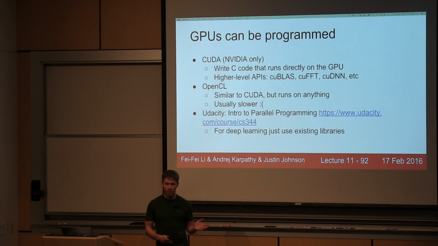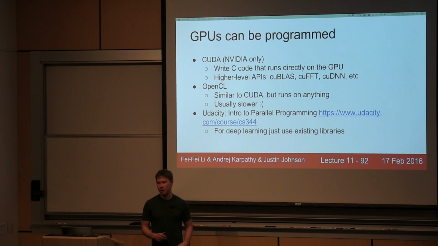From NVIDIA, we have a framework called CUDA that lets you write a variant of C to write code that runs directly on the GPU. And there's a similar framework called OpenCL that works on pretty much any computational platform. Open standards are nice, and it's quite nice that OpenCL works everywhere. But in practice, CUDA tends to be a lot more performant and have a little bit nicer library support. So at least for deep learning, most people use CUDA instead.